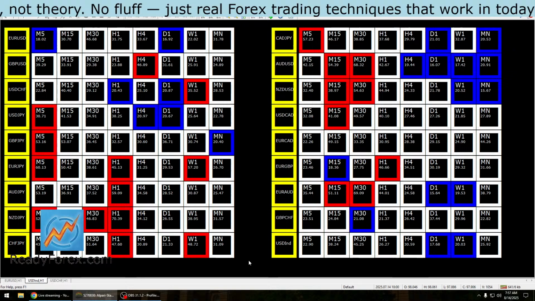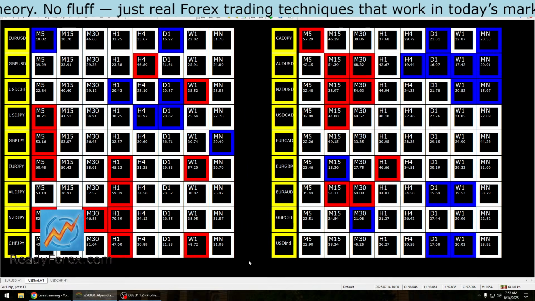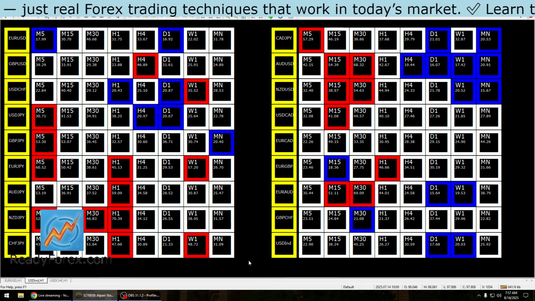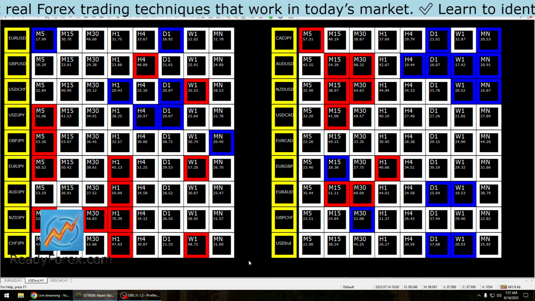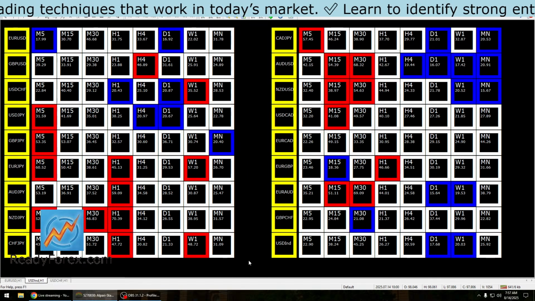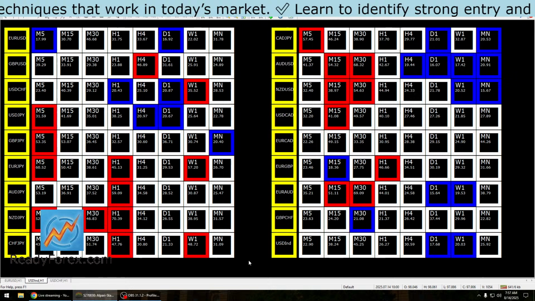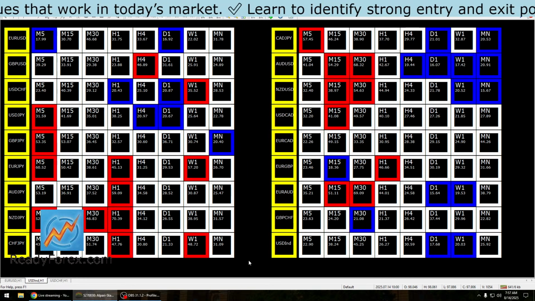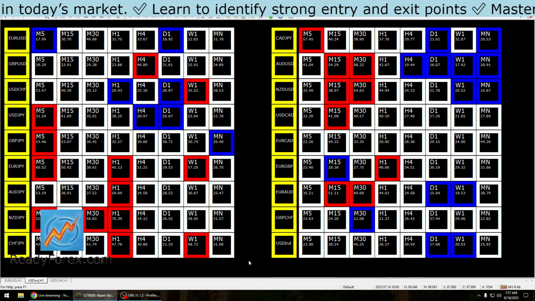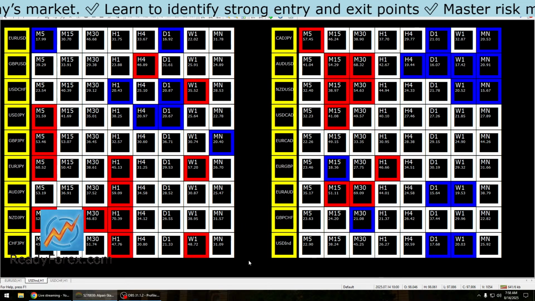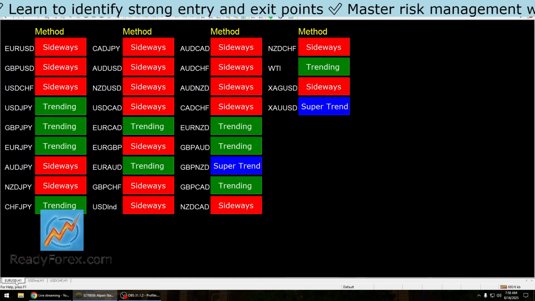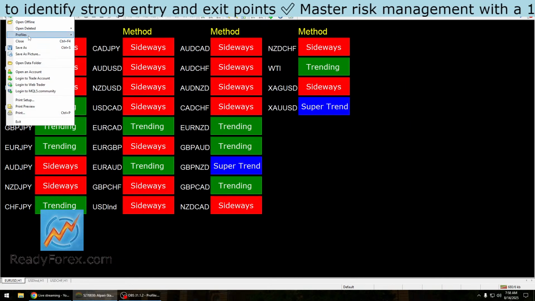Same goes with the AUD yen and NZD yen and Swiss franc yen. Okay, AUD USD, these two pairs, they are probably going to change their direction. Euro GBP, same story. Even Euro AUD looking interesting.